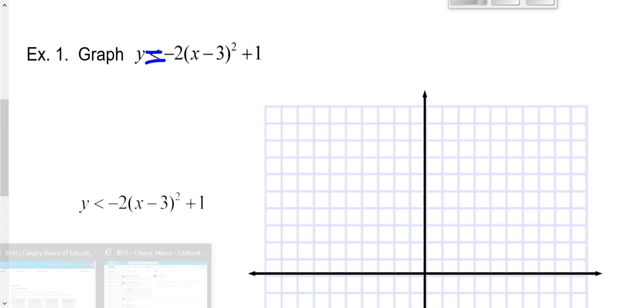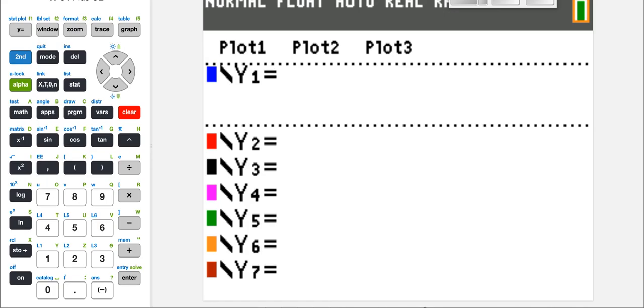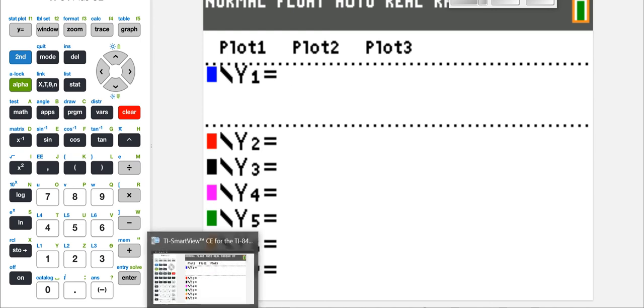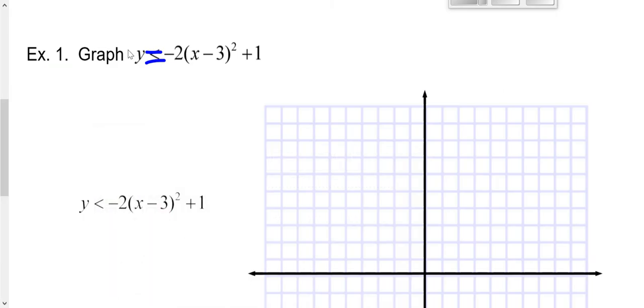So let's graph this. The nice thing about your graphing calculator is that it is smart enough that you don't have to manipulate the equation that I just showed you. You can just plot it like this without having to FOIL and then distribute, right?